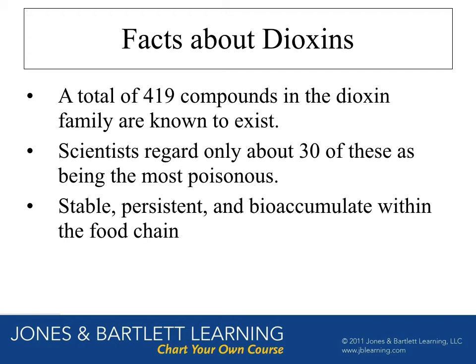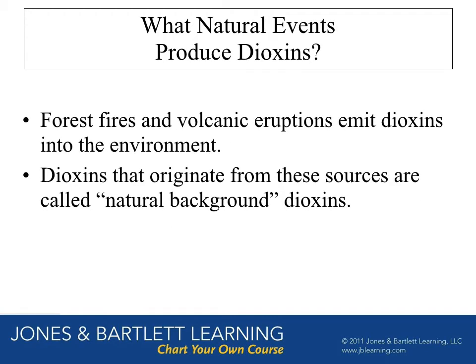But let me say this about dioxins. They are not just synthetic organic chemicals. It's not only a byproduct of human processes, but it's also due to natural events. So forest fires and volcanic eruptions also emit dioxins into the environment. And so these are some of the things that are natural background.